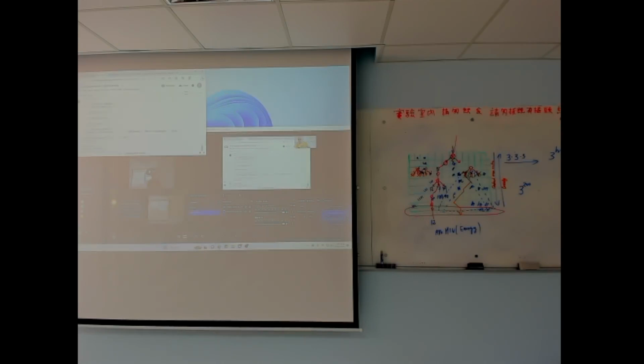Original image, the seam carved image, and then resizing the original image. That should be width and height.